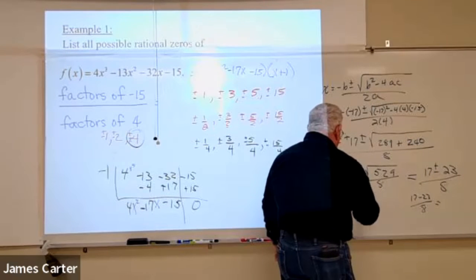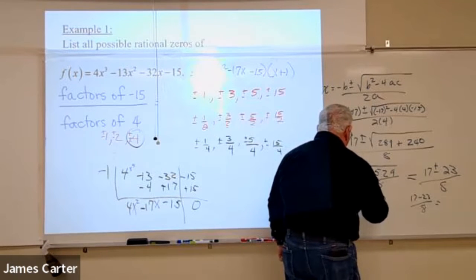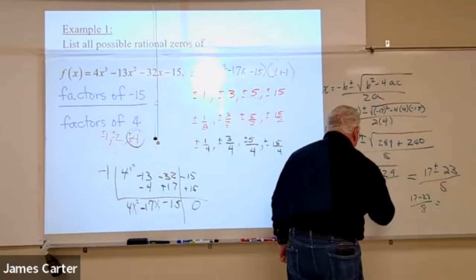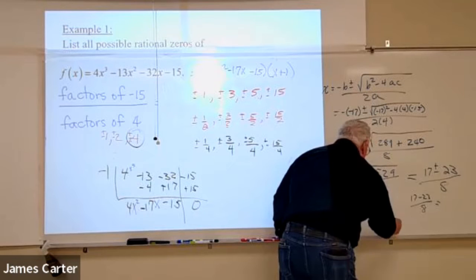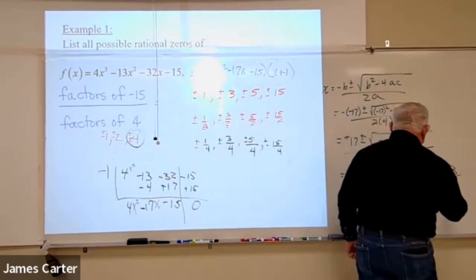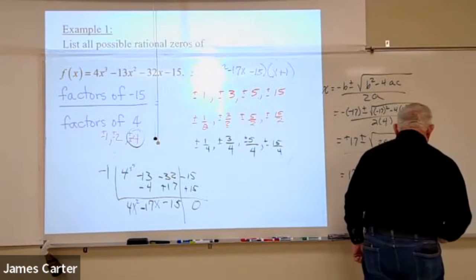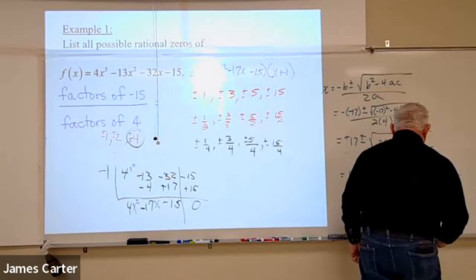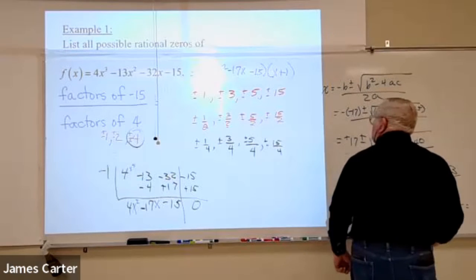This one, 7 and 3 is 10. 2 and 1 is 3, and carry 1 is 40 over 8, which gives me an answer of 5. X equals 5. Over here, this gives me negative 6 over 8, which is negative 3/4.